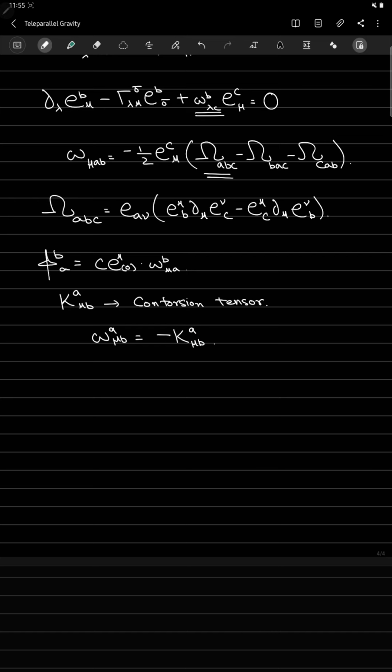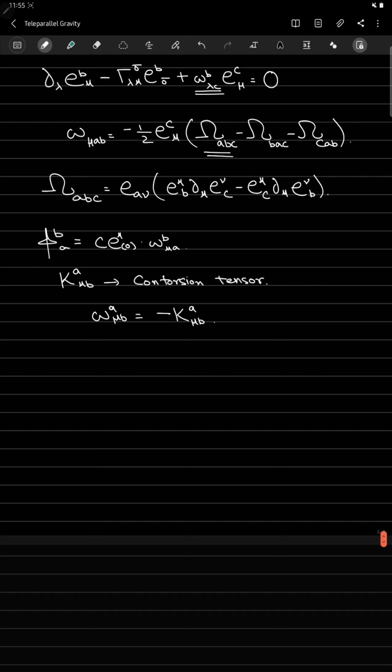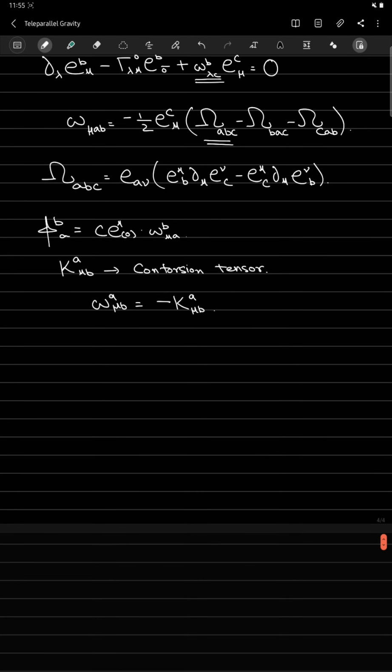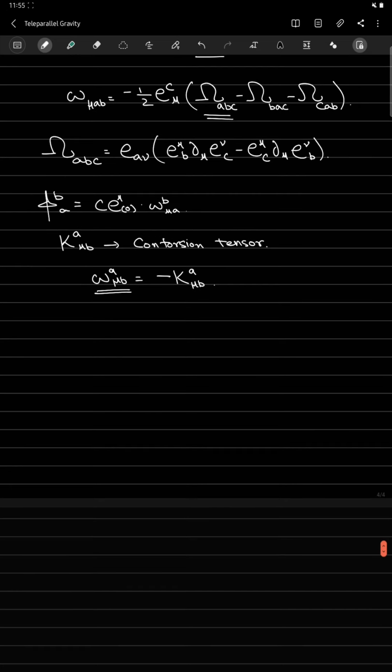So now all I have to do to define this tensor is just add a negative sign to this omega, and I'm going to write it in terms of the torsion tensor, which is your T lambda mu nu.